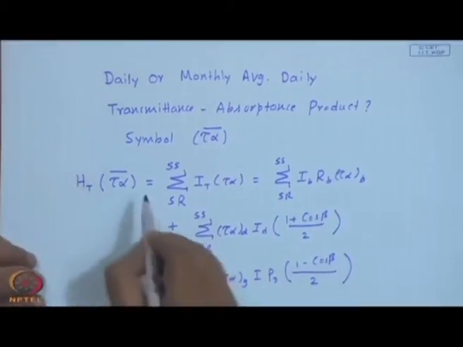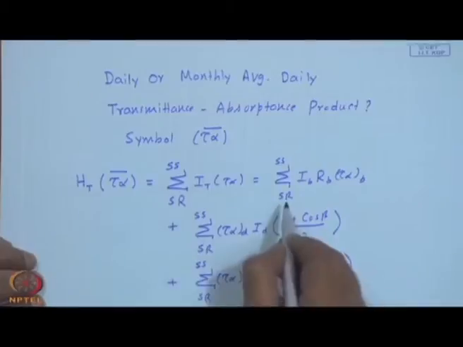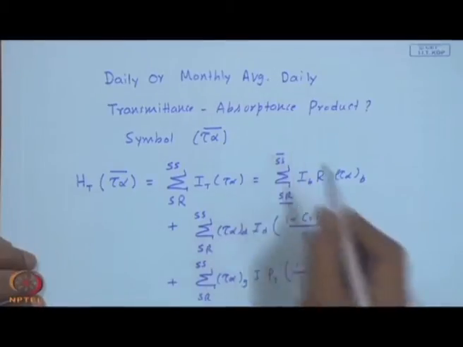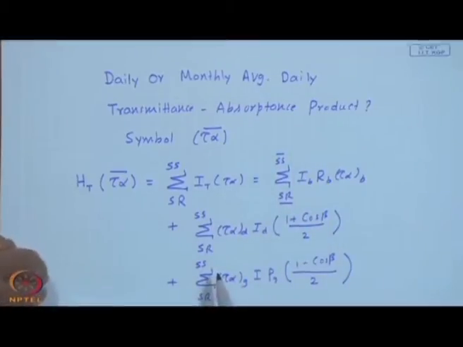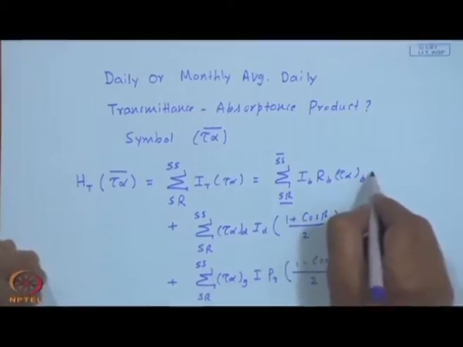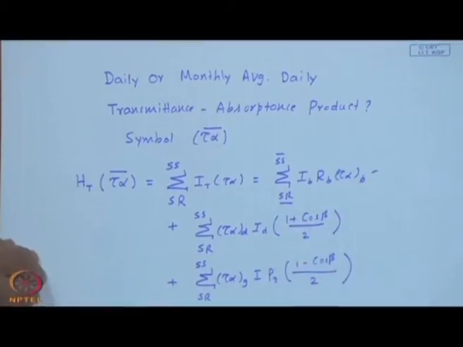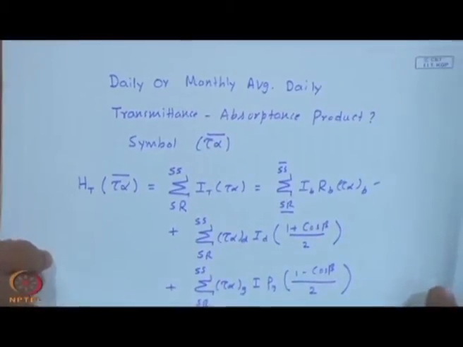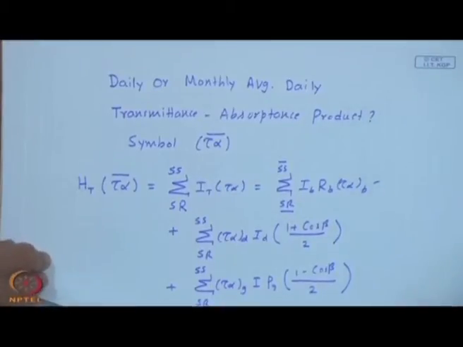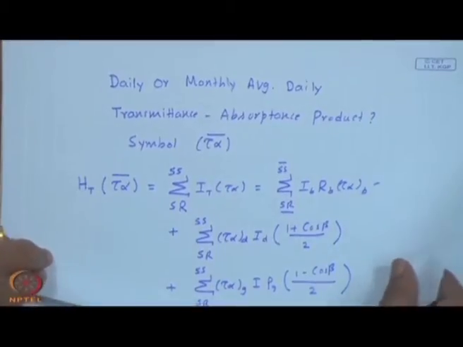You will notice in all these summations, I am only categorically stating sunrise to sunset. Now, we know that this will be for the apparent sunrise to sunset, whereas these two components will be from physical sunrise to sunset. Nevertheless, in general we can write them as SR and SS.